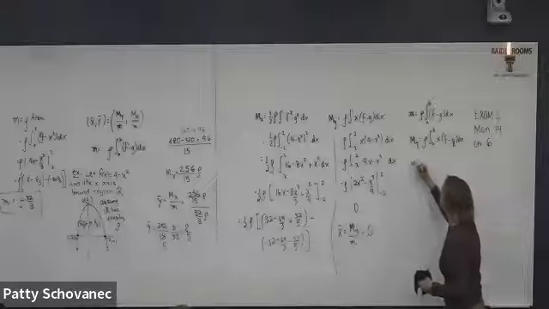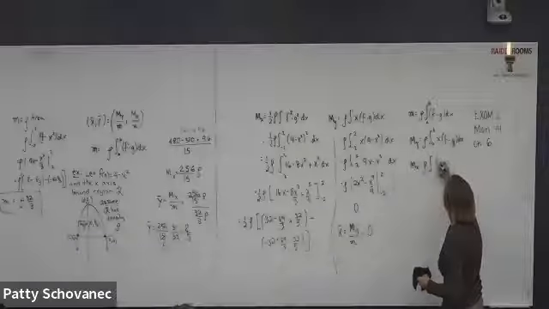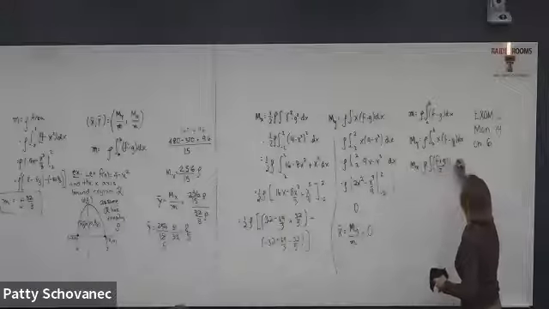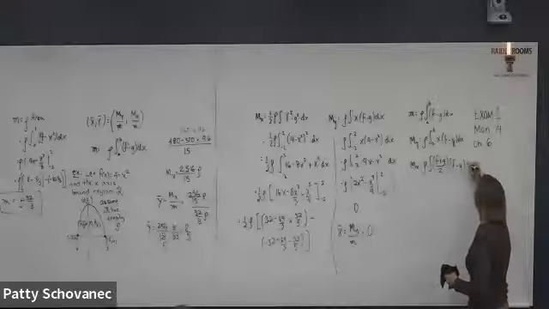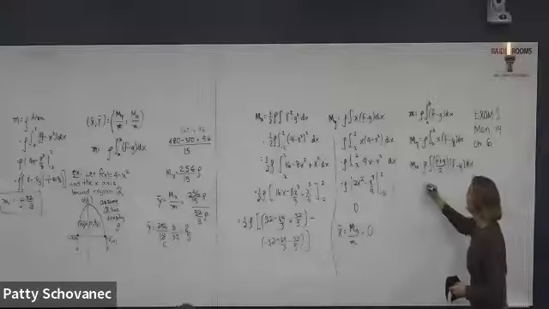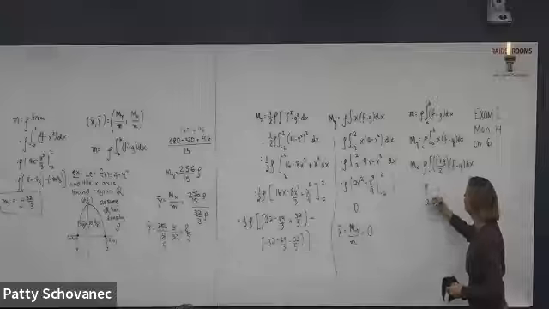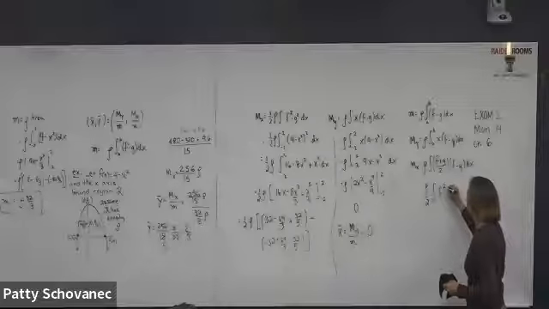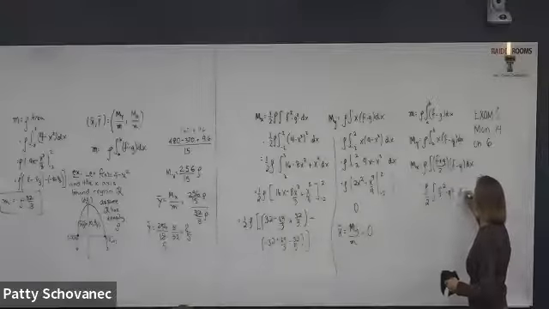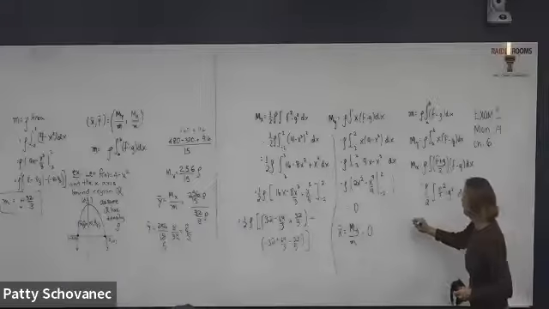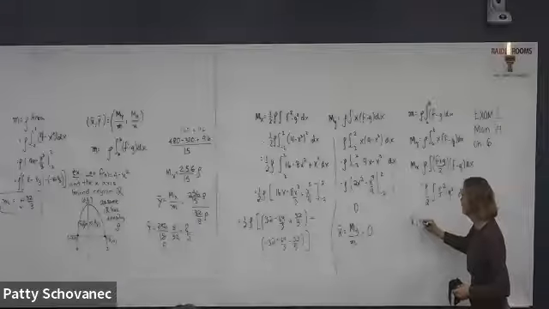And the moment with respect to the x-axis is the density times the average distance from the x-axis times the area. Make it easier to remember. And then the center of mass.